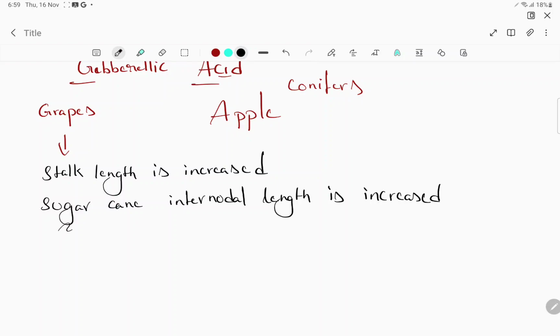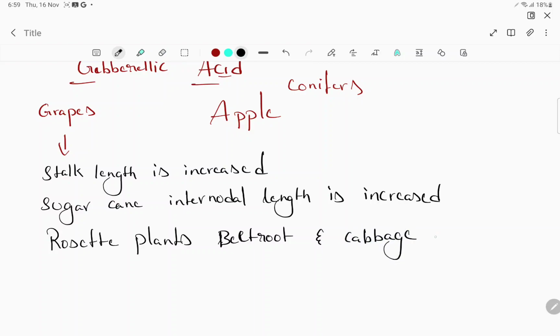And for rosette plants such as beetroot and cabbage, internodal length is increased.